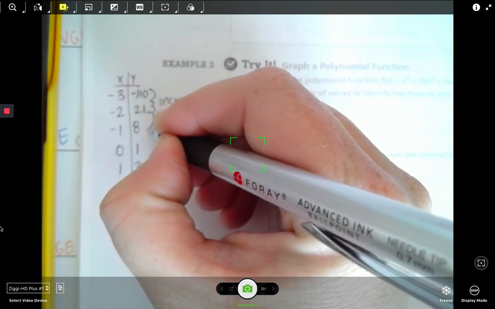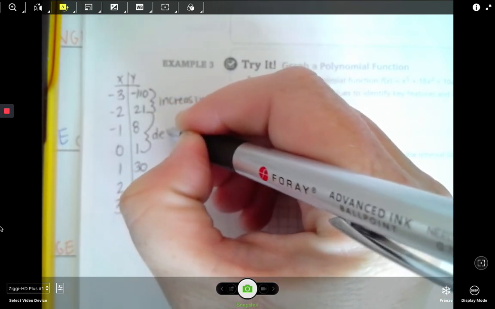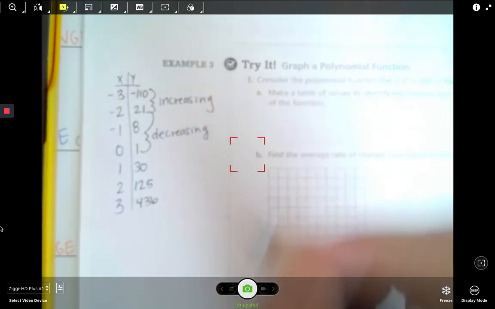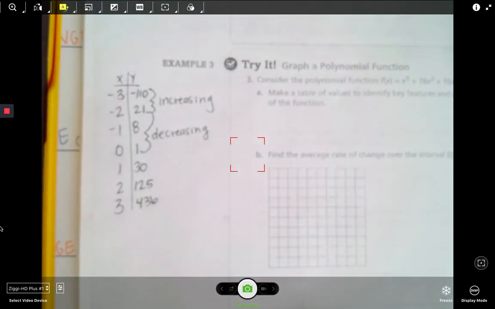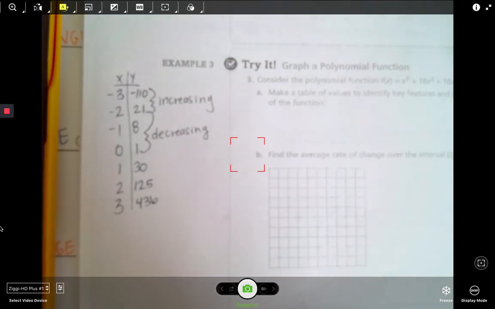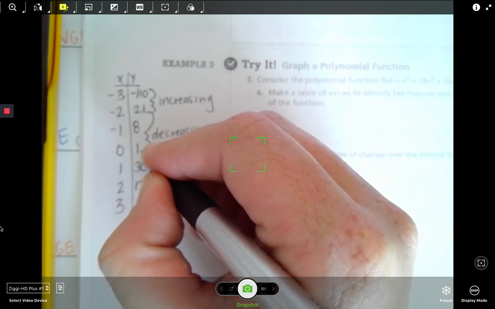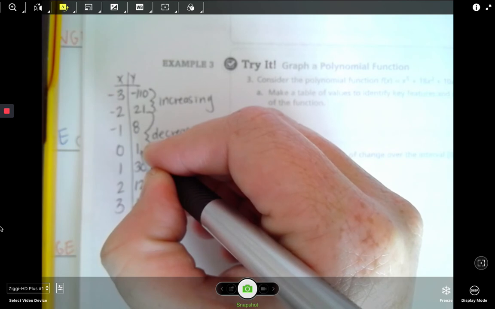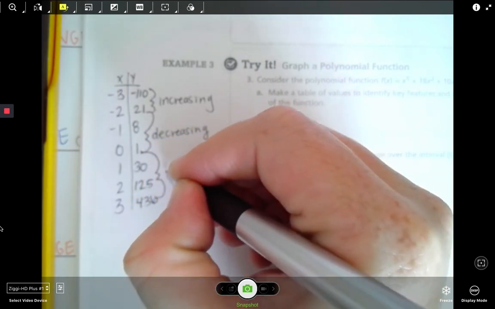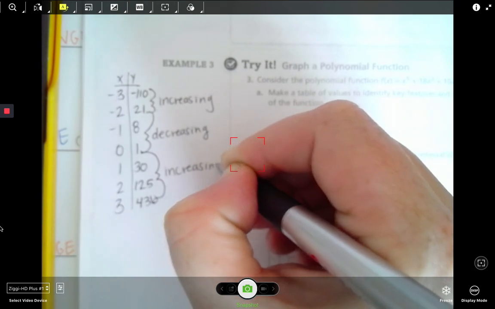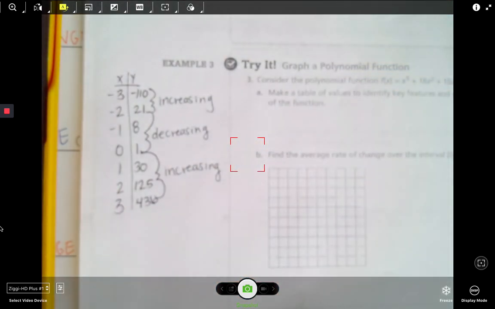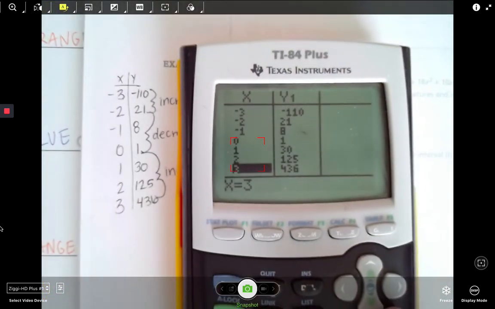So from 21 to 1, I was decreasing. And from 1 to 436, I would be increasing. You see it right here? Maybe that's better.